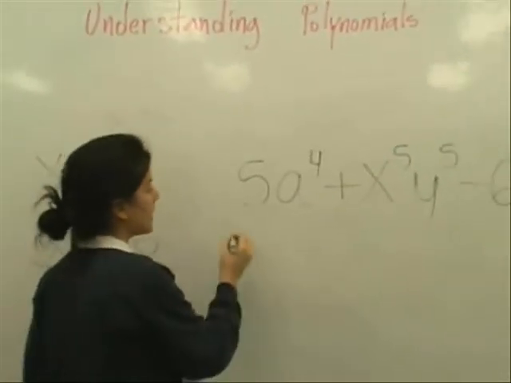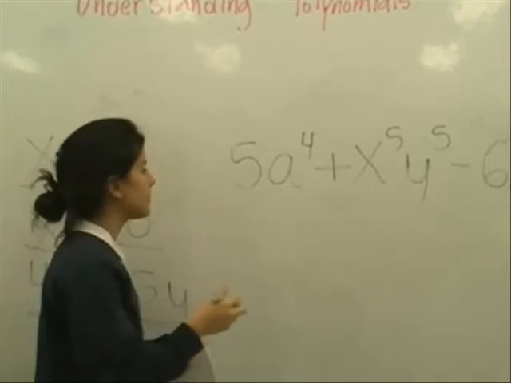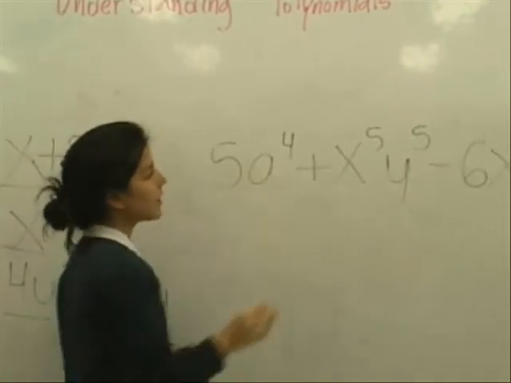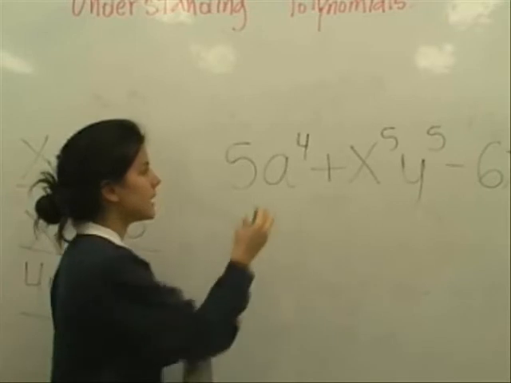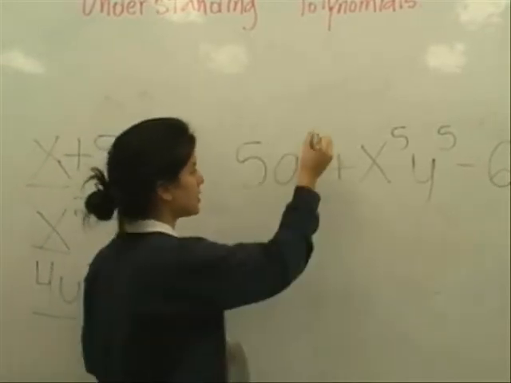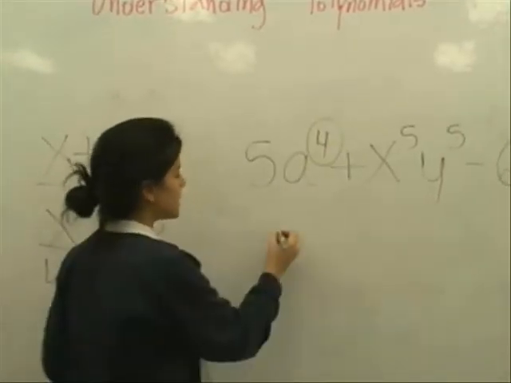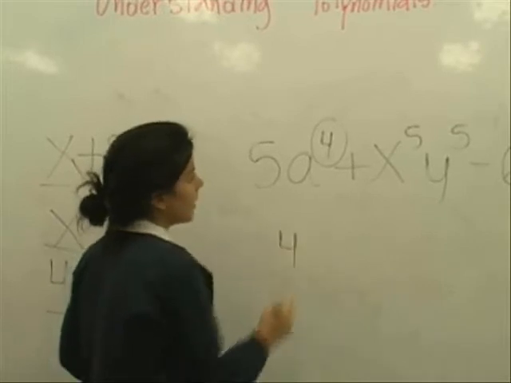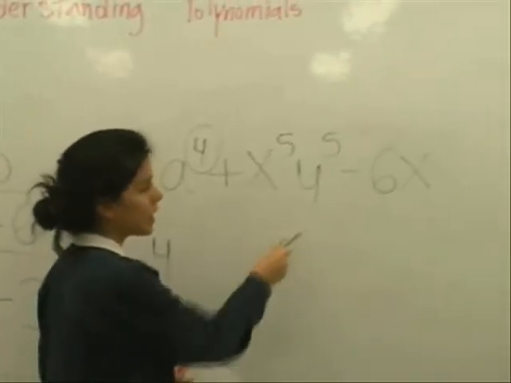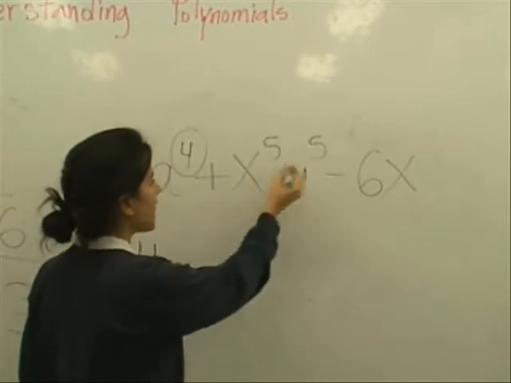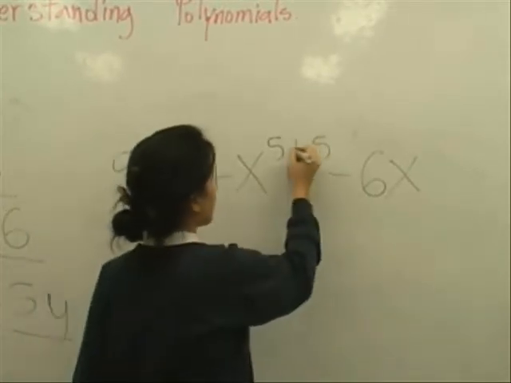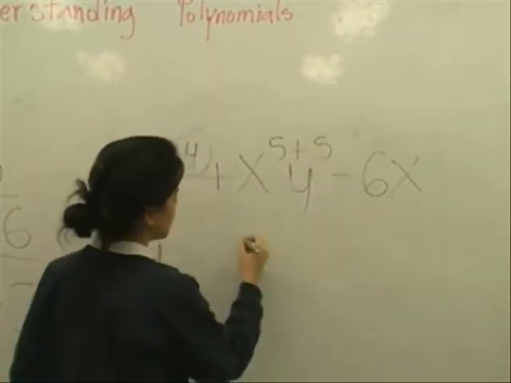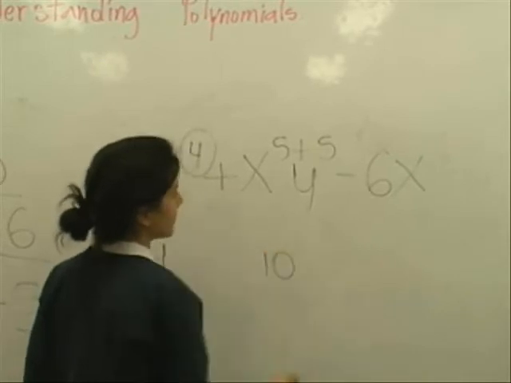Okay, so let's find the degree of each term. Here we have just one variable, so the degree will be the exponent of that variable. So the degree of this monomial is 4. Here there are 2 variables, and the exponents are 5 and 5. So we add them, and the degree of this monomial will be 10.